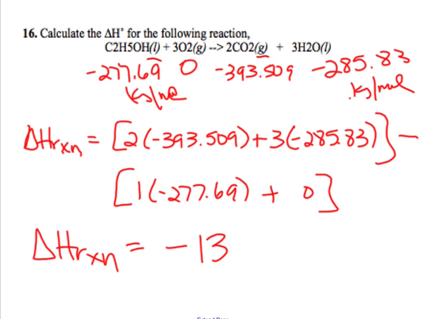Negative 13 what? Okay, let's see if we can get a second on that. Oh, you meant here? Damn it. All the money falling out of my pants. Okay. Negative 1366.